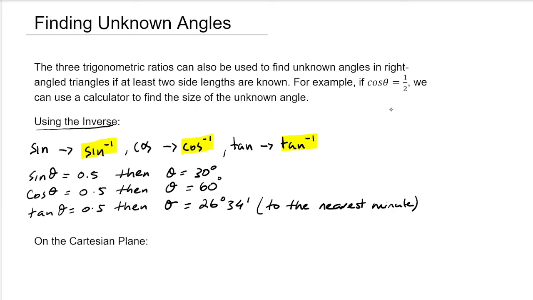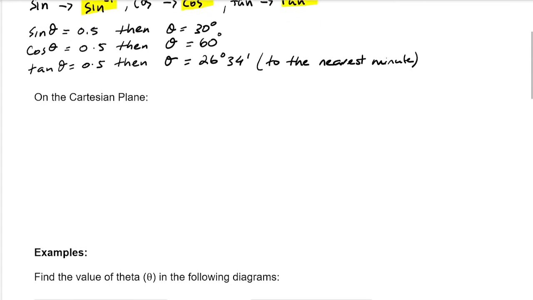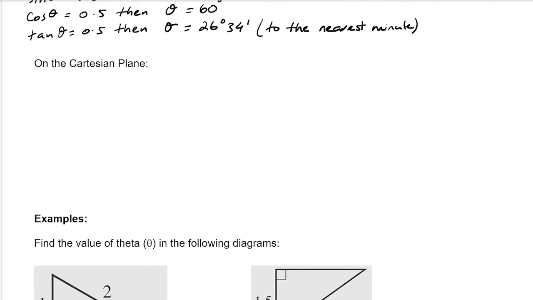If we're using the Cartesian plane, this is one thing that is actually kind of cool. We can actually use gradient for this. This is where it's nicely related to our linear relationships.